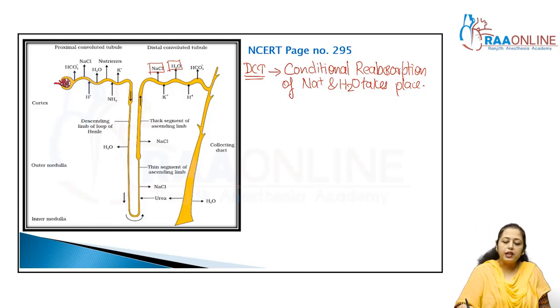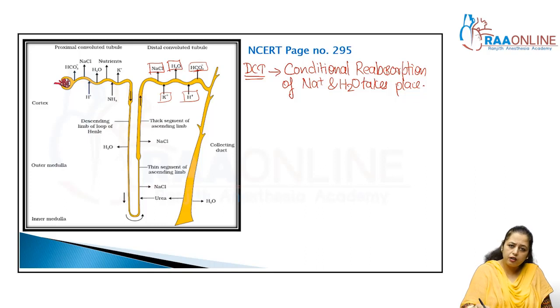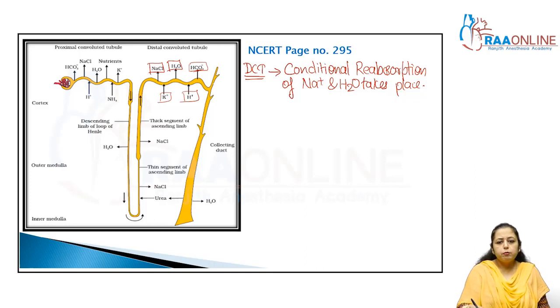Clear? That DCT also helps in reabsorption of bicarbonate ion, for the secretion of potassium ion and the H ion concentration. So it maintains the sodium potassium balance in the body, right? Clear? So in that manner, the DCT helps in that.